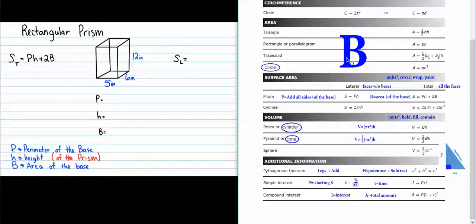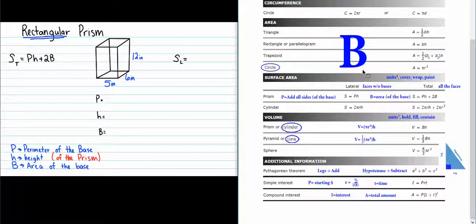Depending on which type of base you have, it could be any of these, you'll have to adjust. But in this case, we have a rectangular prism. Now what I want to point out is the name of the shape tells you the name of the base. So if this is a rectangular prism, I should have a rectangular base. Now, as far as rectangular goes, what's my capital B?